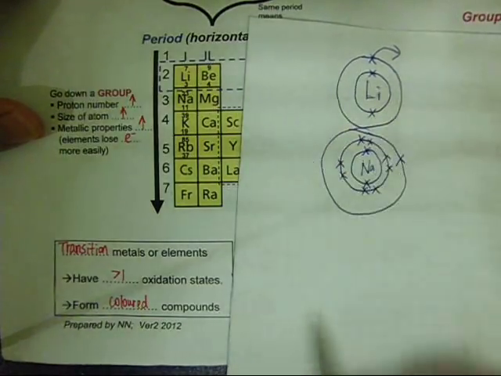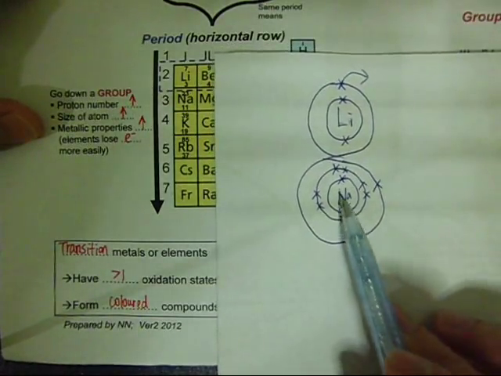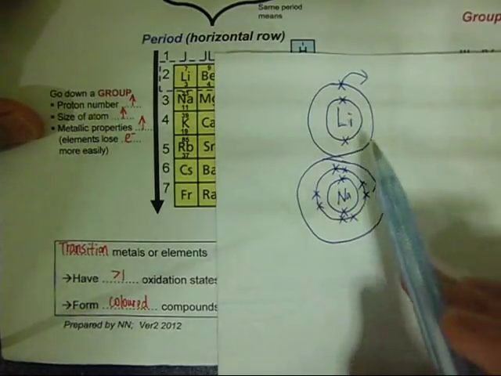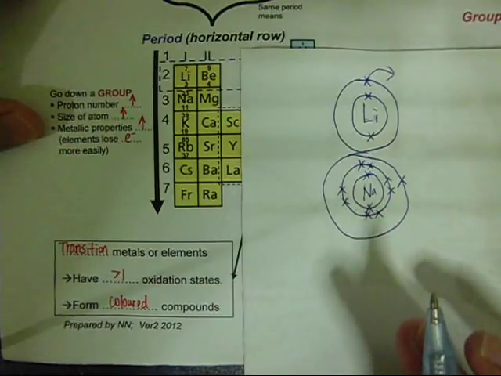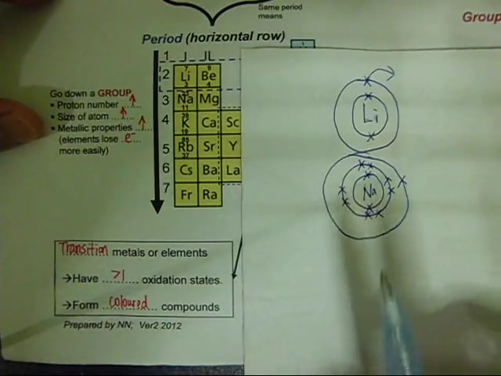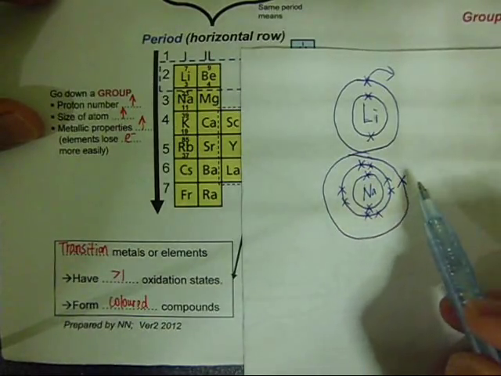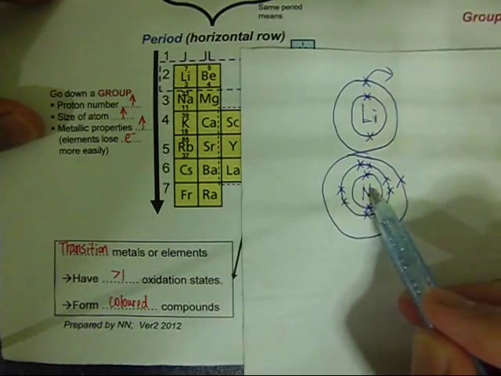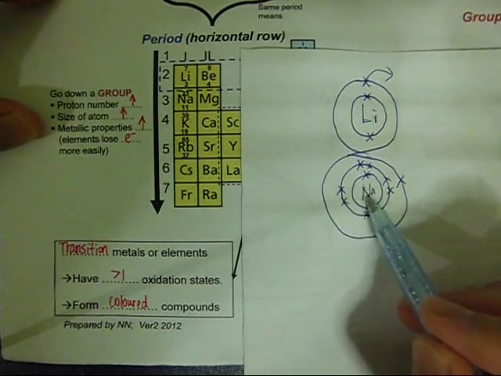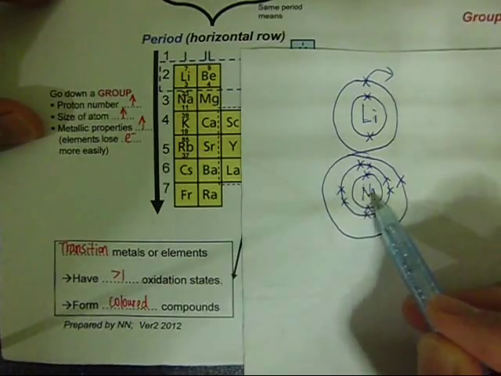So sodium has 1 valence electron, lithium has 1 valence electron. Now in order to find out how easily the element loses electron, you look at how far the valence electron is from the nucleus. The nucleus has protons. Proton is positively charged.